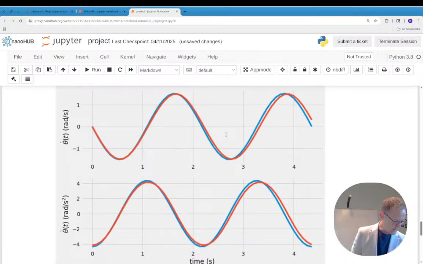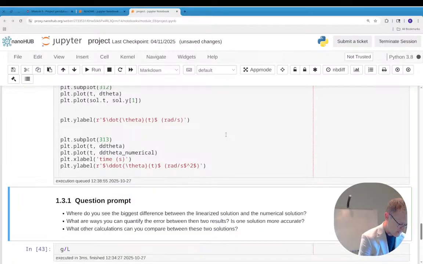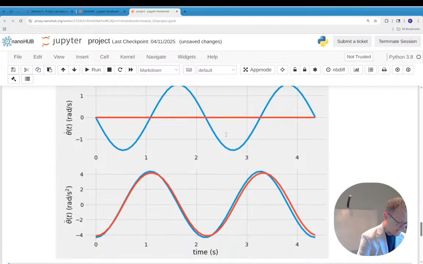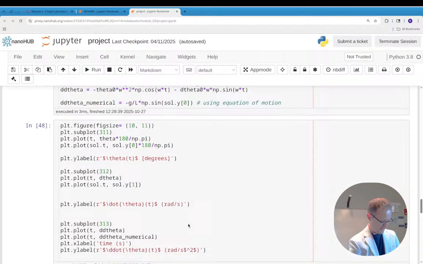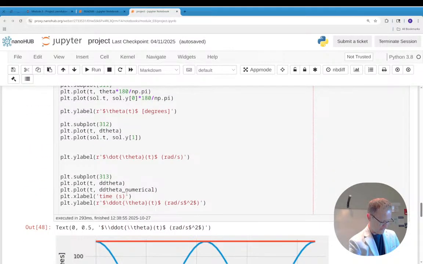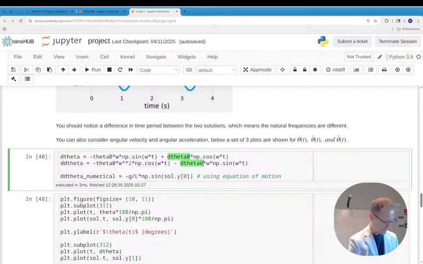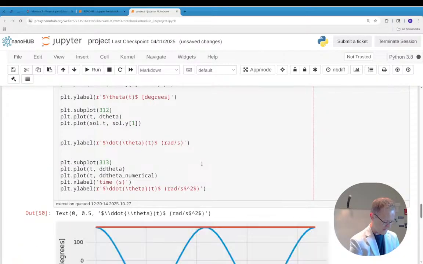You can also look at just this graph. Why is this one there? I'm surprised. Shouldn't acceleration be 0? Oh, I gotta rerun this one.